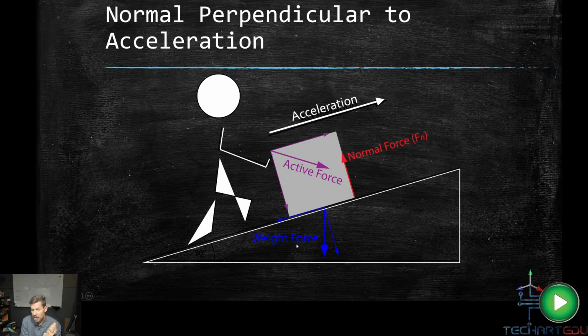And likewise, the weight force also has to go either parallel to the acceleration or perpendicular to this acceleration. And so therefore, in this example here, if we wanted to figure out what the normal force is, we would have to add this arrow here, which is the weight force that is perpendicular to the acceleration. And then we'd have to add it to the push force that is downward, and that's also perpendicular to the line of acceleration.